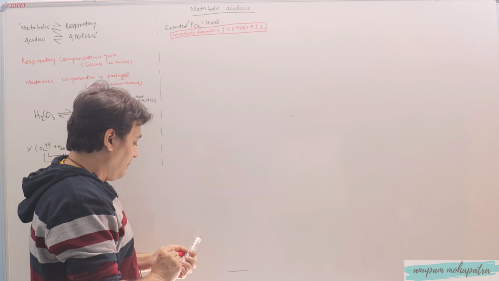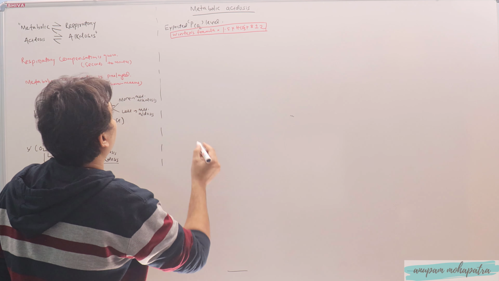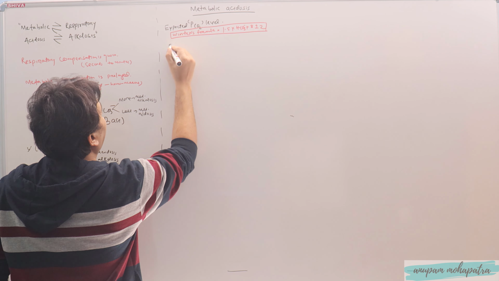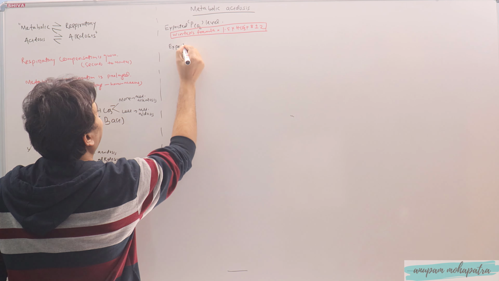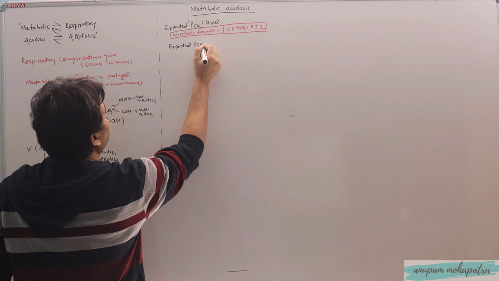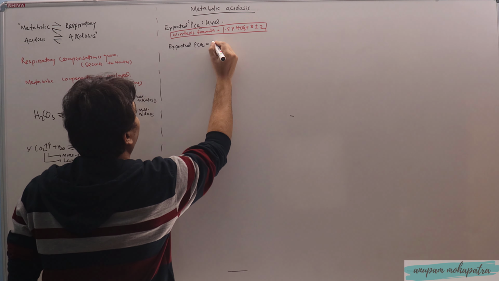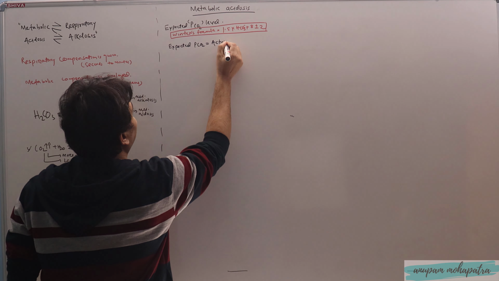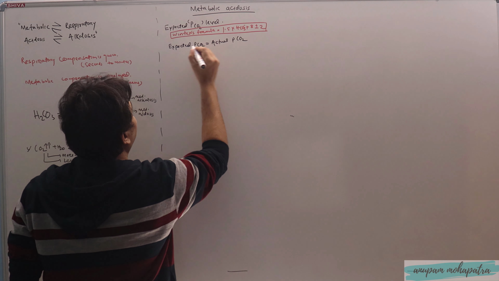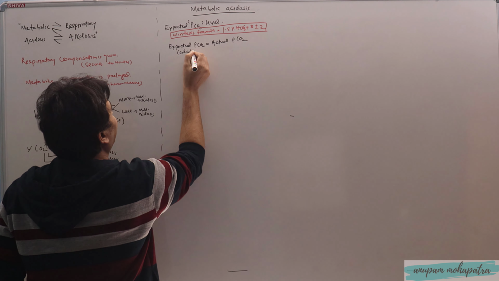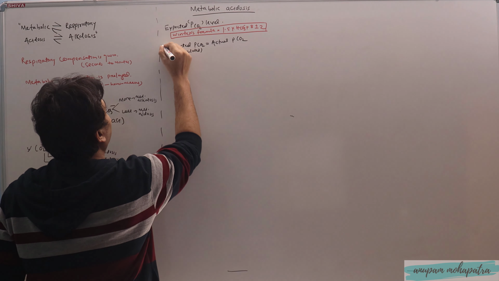So now by comparing those two PCO2 levels, you will find whether the expected PCO2 is equal to the actual PCO2. This is calculated using this formula.